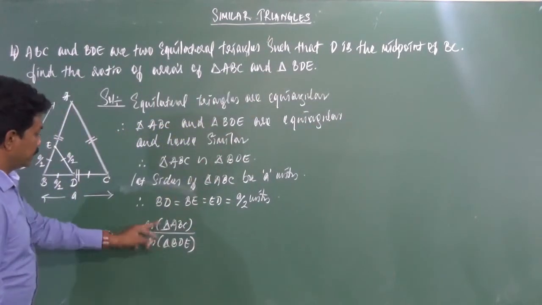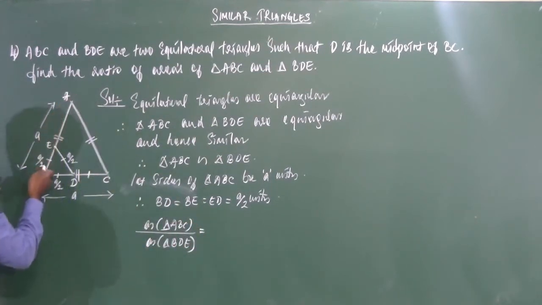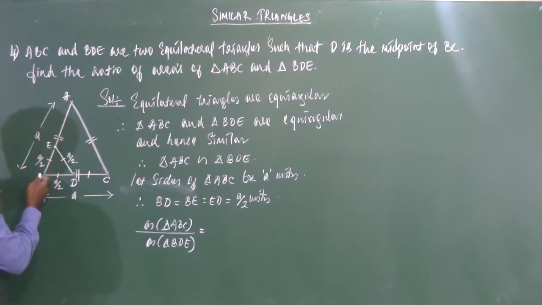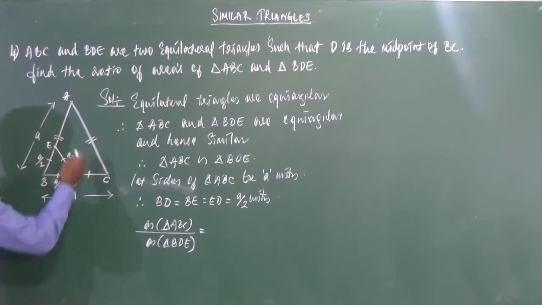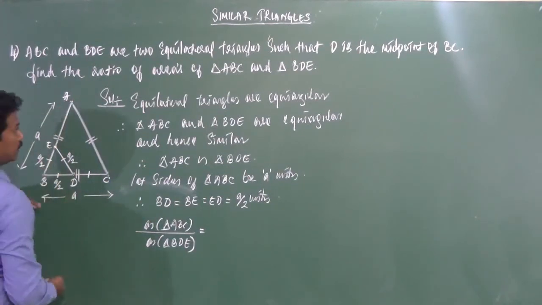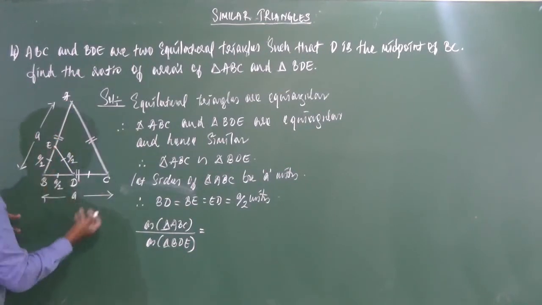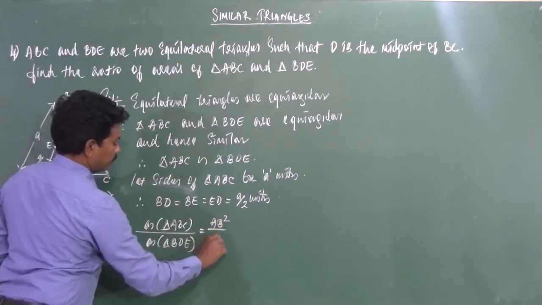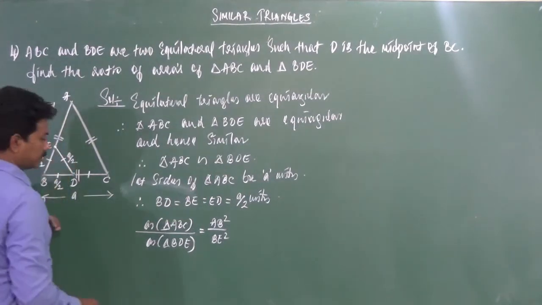So I have taken AB for triangle ABC and BE for triangle BDE. So since all the 3 sides are equal, you can take any corresponding side. So AB by BD I will take, or you can take AB by BE better. So AB square by BE square.